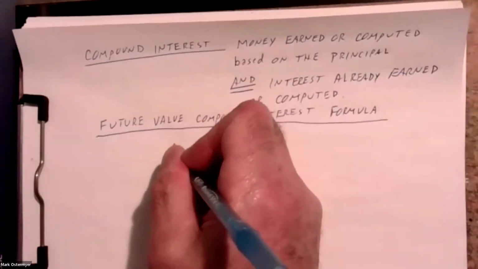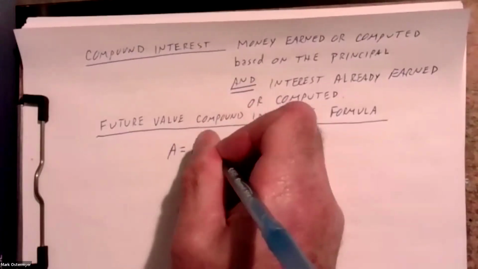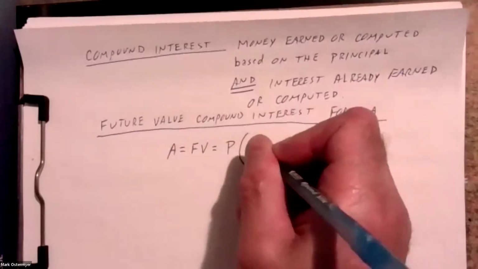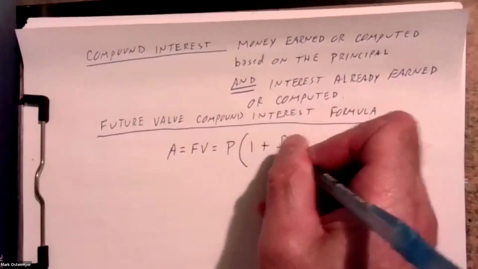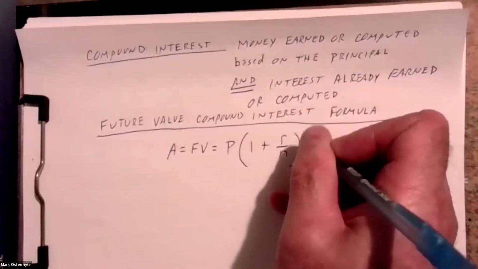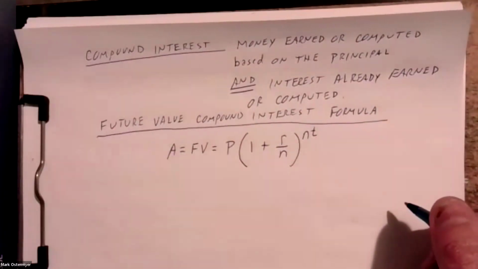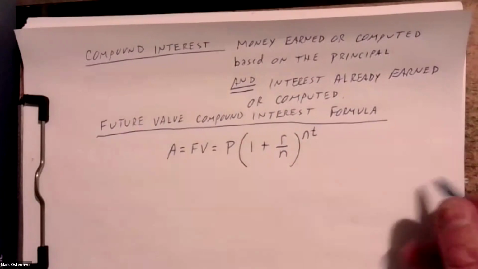And here it is. The future value of an account is equal to the initial principal times 1 plus R divided by N, all raised to the N times T power. This is called the future value compound interest formula.